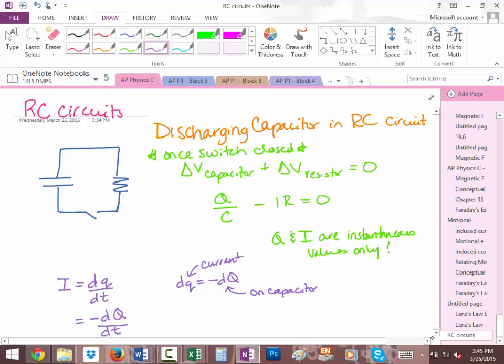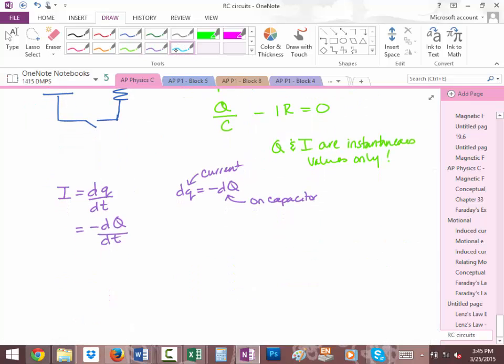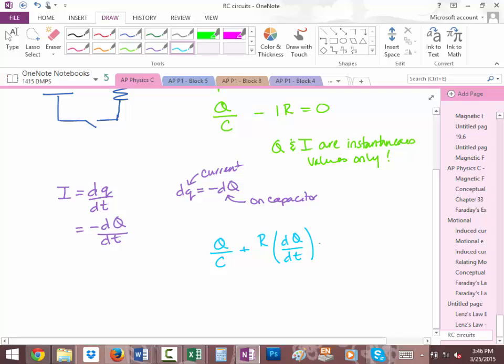Okay? So I can put these things together and say that Q over C, so I'm copying this from the green equation at the very top, Q over C plus R times dQ dt has to equal 0, because I could divide by an R. Okay.